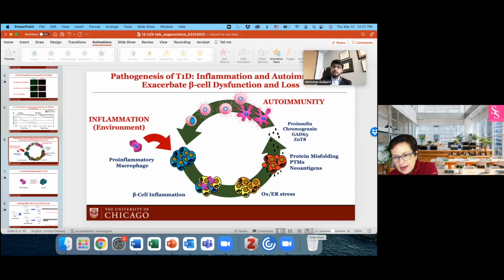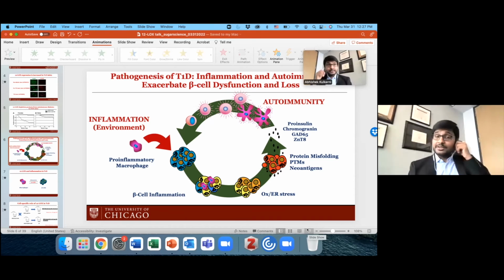That's a great question, first of all, and a great area where we can take this study forward. But at this stage, we haven't explored that. Overall, Dr. Fei Wang is also doing some exosome studies from the beta cells.